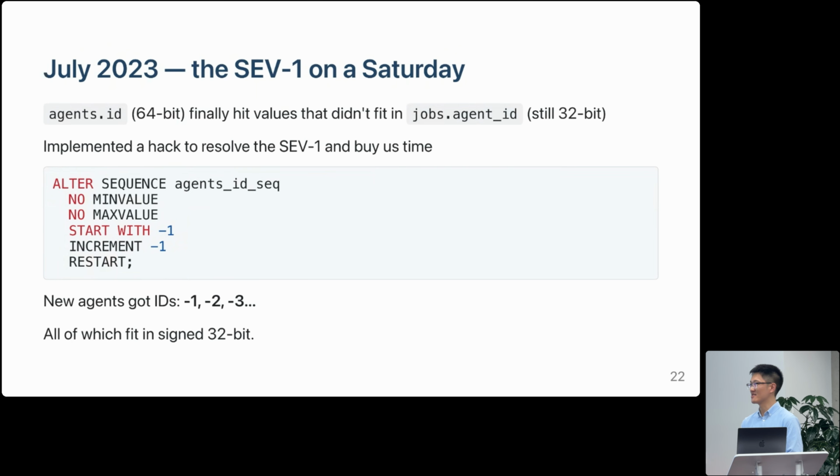Our customers were impacted. We had to race to make a decision to put something in place very quickly. So we implemented a hack, and we were still a single database at the time, so we were able to still rely on sequences. We basically told Postgres to start counting backwards from -1 down.